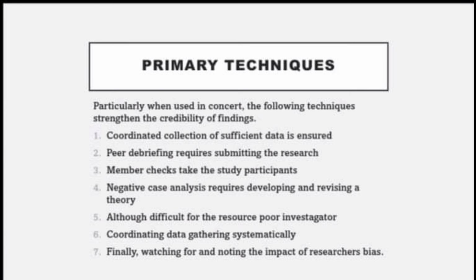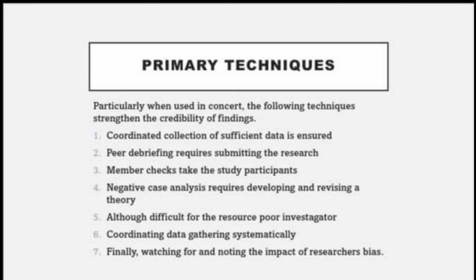1. Coordinated collection of sufficient data is ensured. 2. Peer debriefing requires submitting the research. 3. Member checks take the study to the participants. 4. Negative case analysis requires developing and revising a theory. 5. Although difficult for the resource-poor investigator. 6.